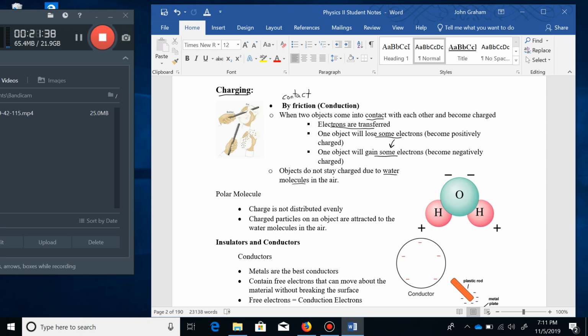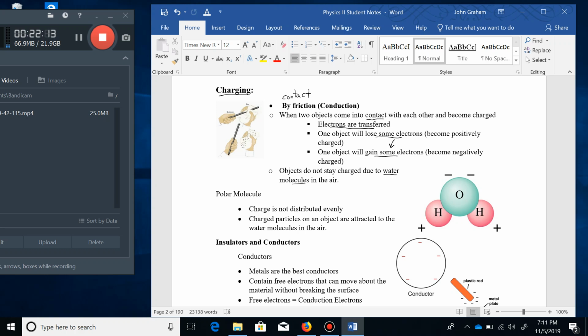And once the electron's been transferred, when they go to another object, they're usually not permanently there because it's almost like they don't have a home there. They're just visiting in a sense. They're not strictly bounded into that new object. And so water molecules can easily come along and tell them to get lost. And so the object doesn't stay charged.